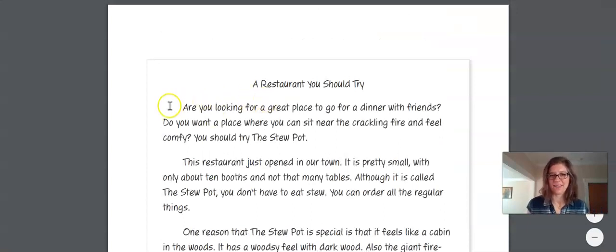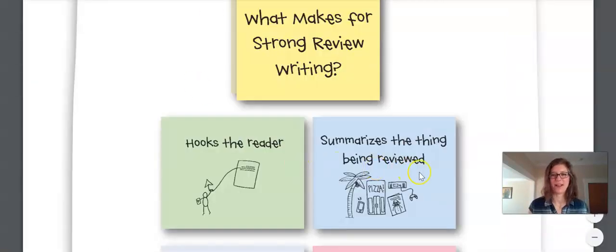Right at the beginning, let's see this. Are you looking for a great place to go for a dinner with friends? Do you want a place where you can sit near the crackling fire and feel comfy? And I'm thinking, as a reader, oh yeah, that sounds great. And I want to read on. I am hooked, right?